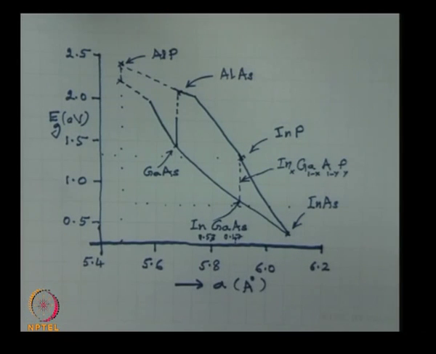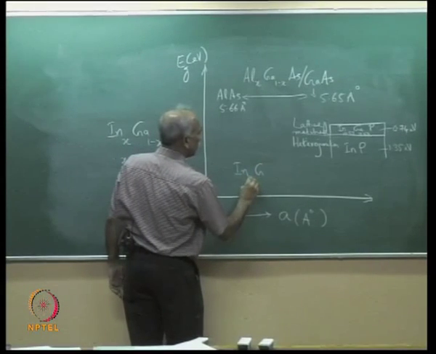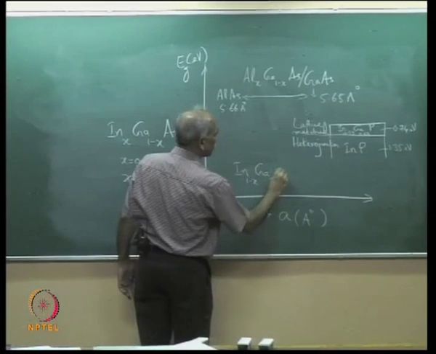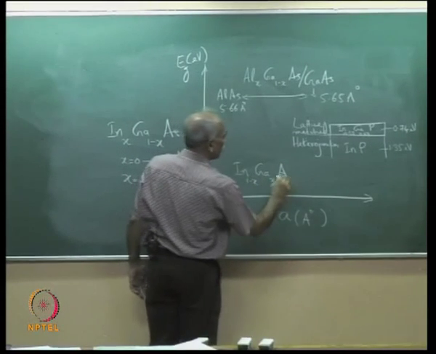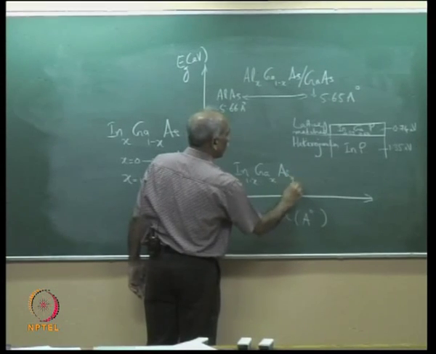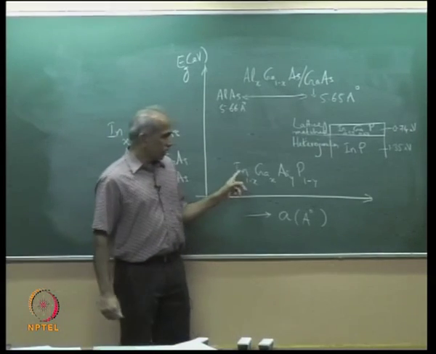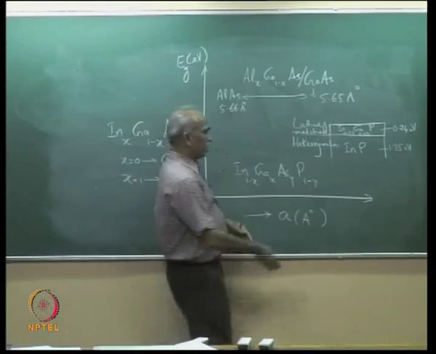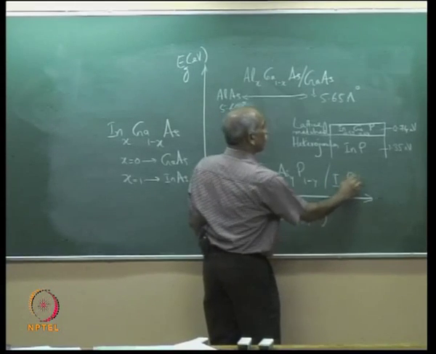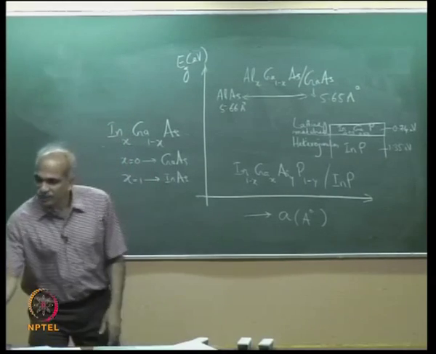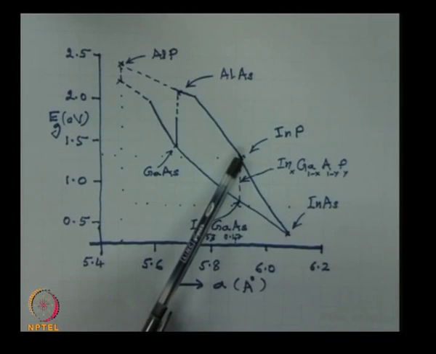So indium 1 minus X, gallium X, I could write X and Y the other way, arsenic Y, phosphide 1 minus Y. This tells me that indium phosphide is the substrate and this material is lattice matched to it. Indium phosphide is the substrate, a binary compound. You start with a substrate which is usually a binary compound in optoelectronics.